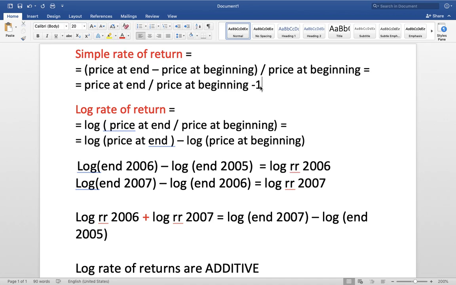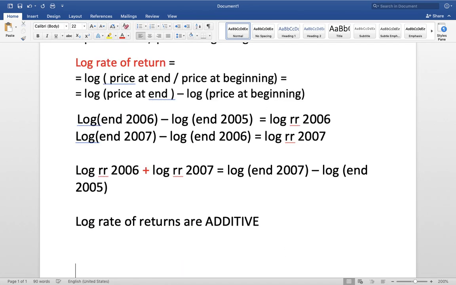Okay. In particular, whenever you talk about a rate of return, you should also specify which period of time you are talking about: daily, weekly, monthly, quarterly, yearly, or whatever. So usually I will specify every time: log yearly rate of return, log daily rate of return.